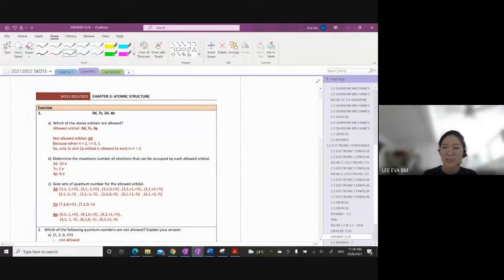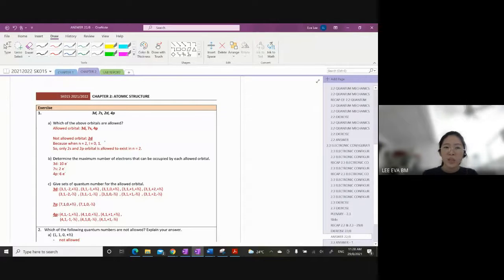Then you list out. So itu adalah dia punya jawapan, sangat simple lah. So because when n equals 2, L equals 0, 1 only. Therefore, only 2s and 2p are allowed to exist in the energy level n equals 2.